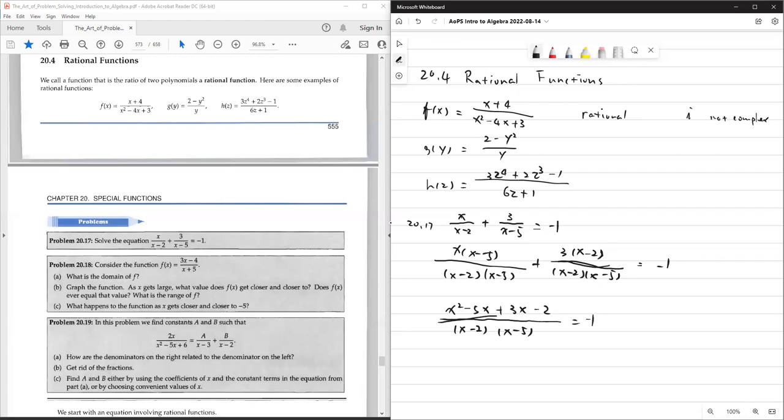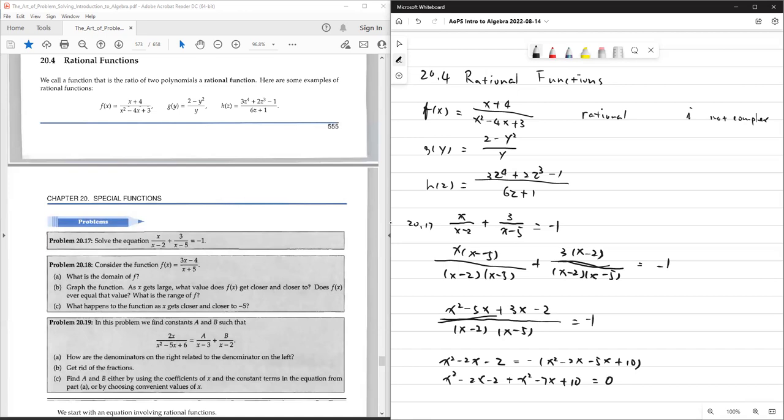Okay, now we multiply both sides by the denominator, right? So now we have x squared minus 2x minus 2. Okay, no, this is -1, so we have this equal to negative x squared minus 2x minus 5x plus 10. Okay, we move this over, so we have x squared minus 2x minus 2 plus x squared minus 7x plus 10 equals 0.